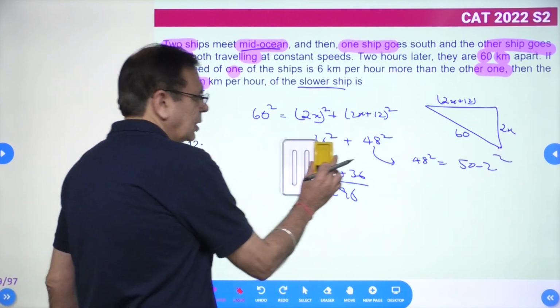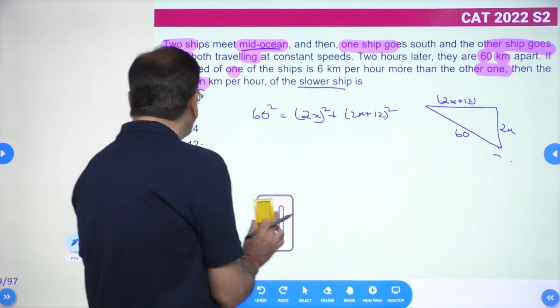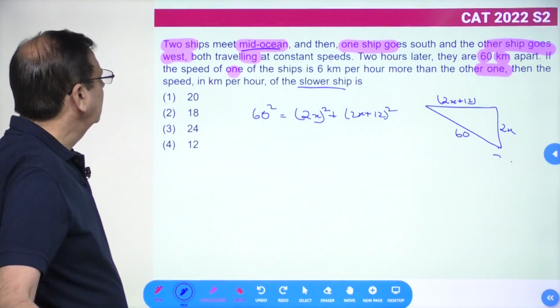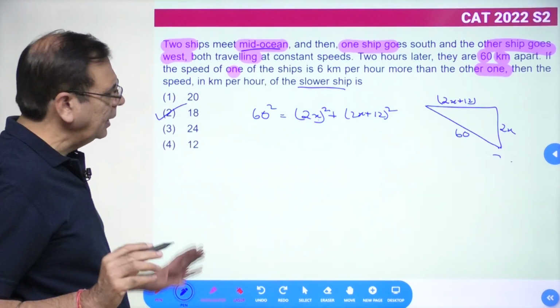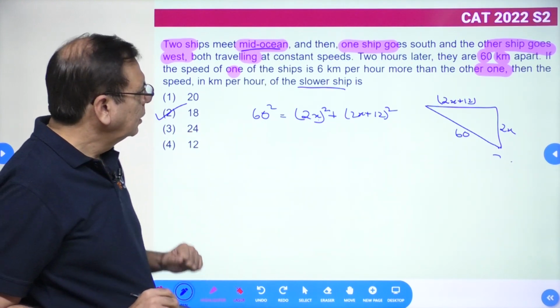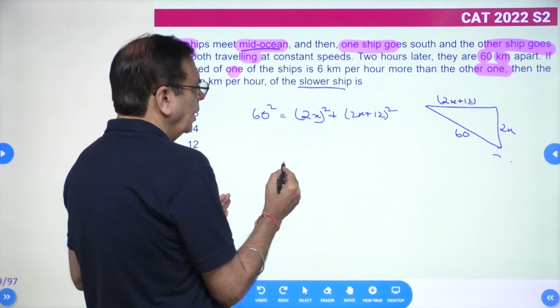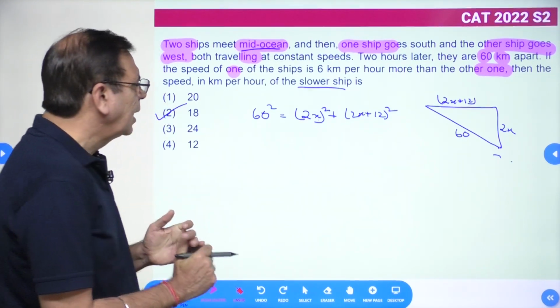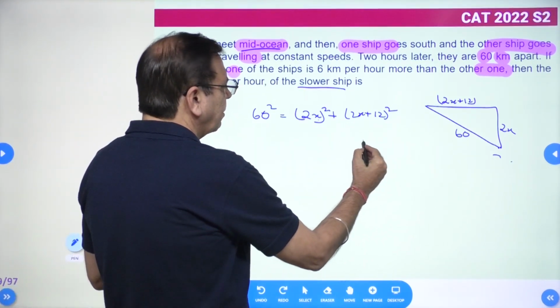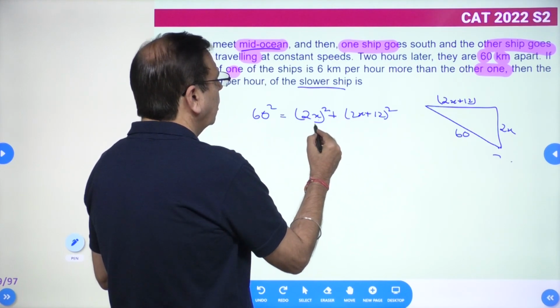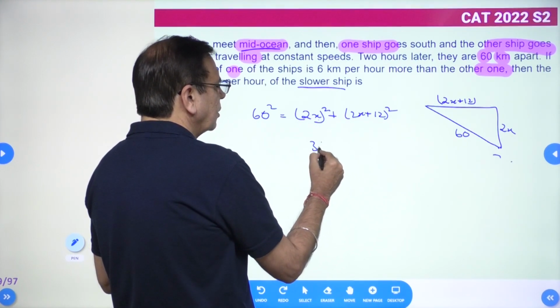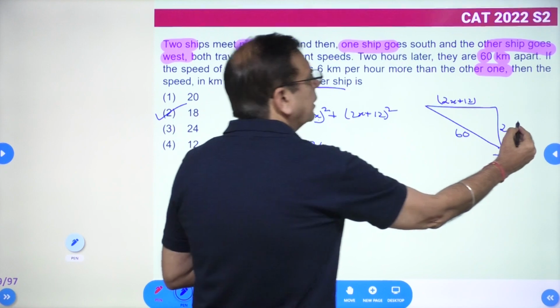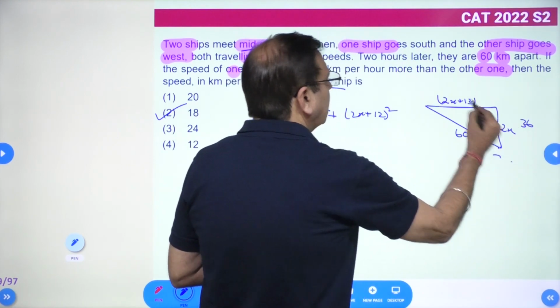Now that we understand how to do it, let's look at one more thing. We got our answer, 18. Now the other thing to look at is, do you remember your Pythagorean triplets? We got slower speed as 18, so 18 twice is 36. So this is 36 and this is 48.